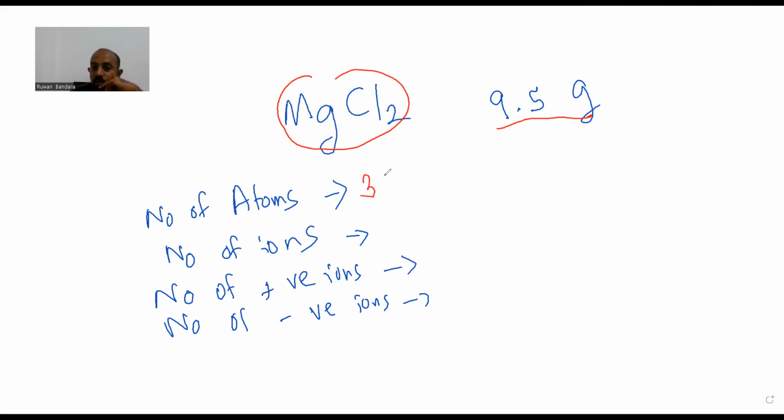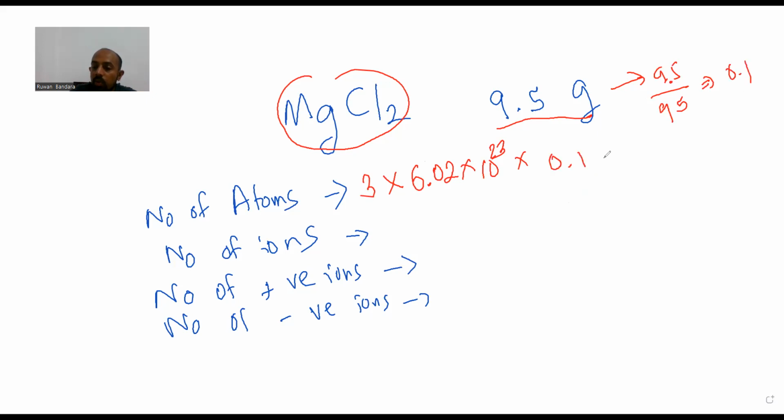In one mole, you have this. So 9.5 means 9.5 divided by Mr, which is 95. This is 9.5 divided by 95, 0.1.